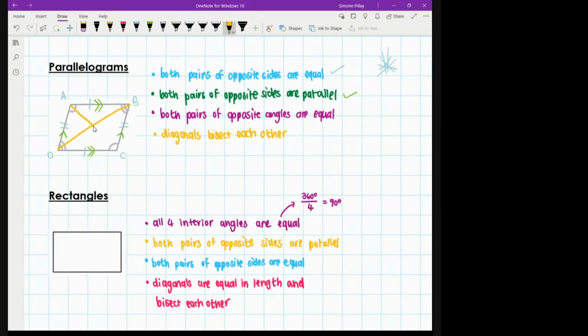I'm trying very hard to draw straight lines. I think that's good enough. My diagonals bisect each other, meaning these two little lines are equal, and so are these. Now keep in mind that they did not say that my diagonals are equal. My diagonals are not equal, but when they cross each other, they both cut each other exactly in half.